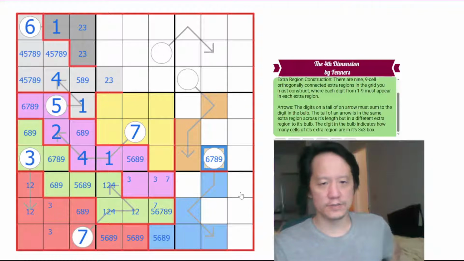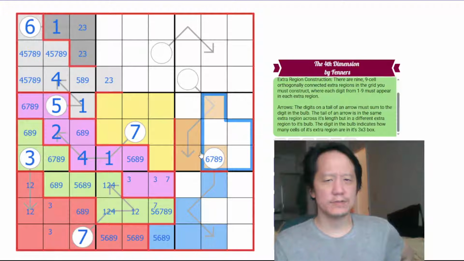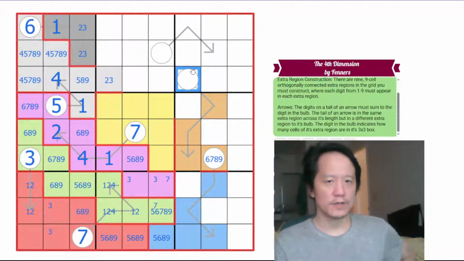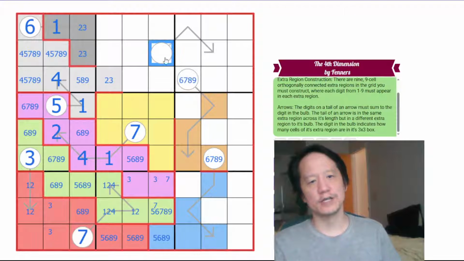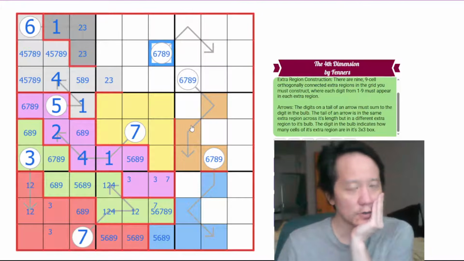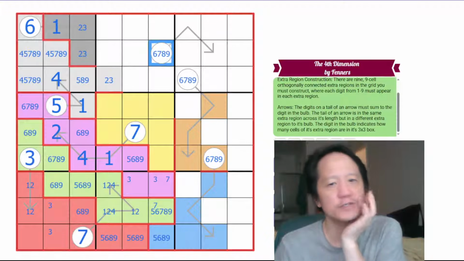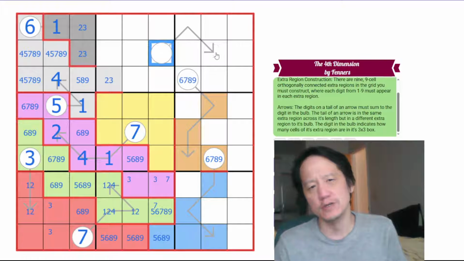This is 6 through 9. So, this is still 6 through 9. This is also 6 through 9, and this is also 6 through 9 here. Sorry, this doesn't have to be 6 through 9. This could be 3 through 9.